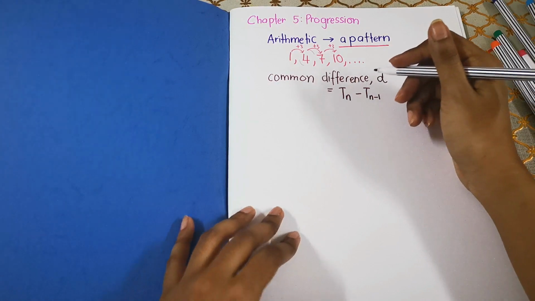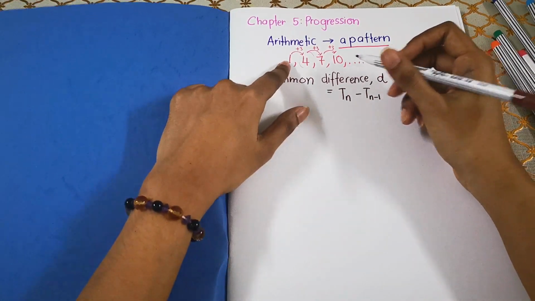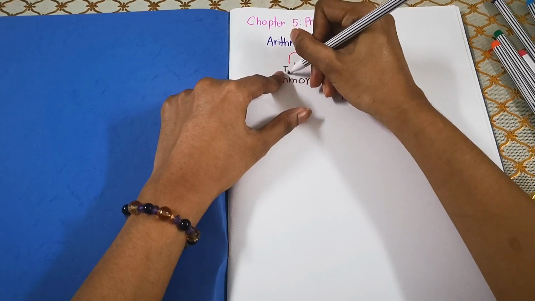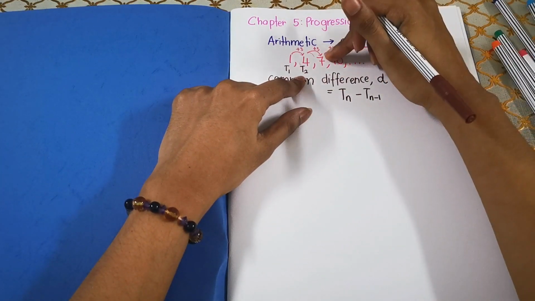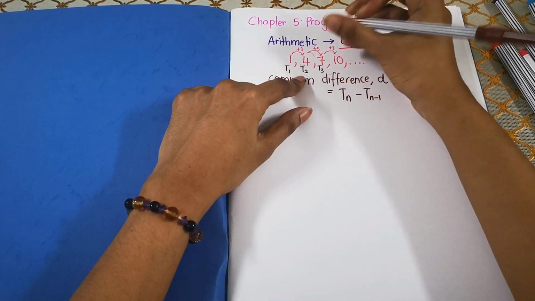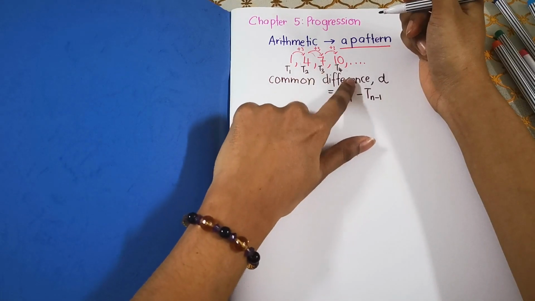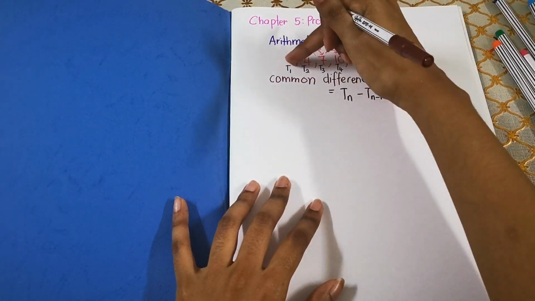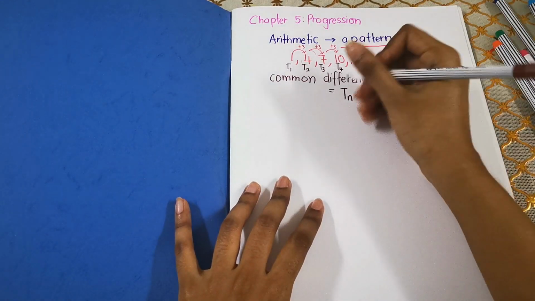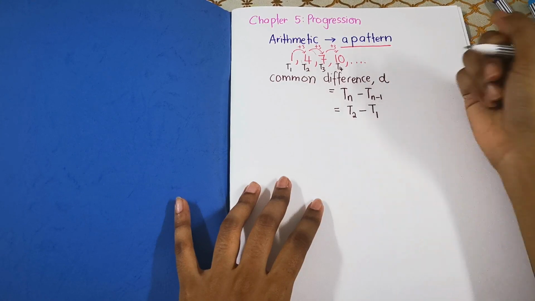What is Tn? T is actually term. For example, here we have 1, so this is called term 1. This is 4, so this is term 2. 7 is term 3, 10 is term 4. Now if I want to find the common difference of this progression, I take term 2 minus term 1.